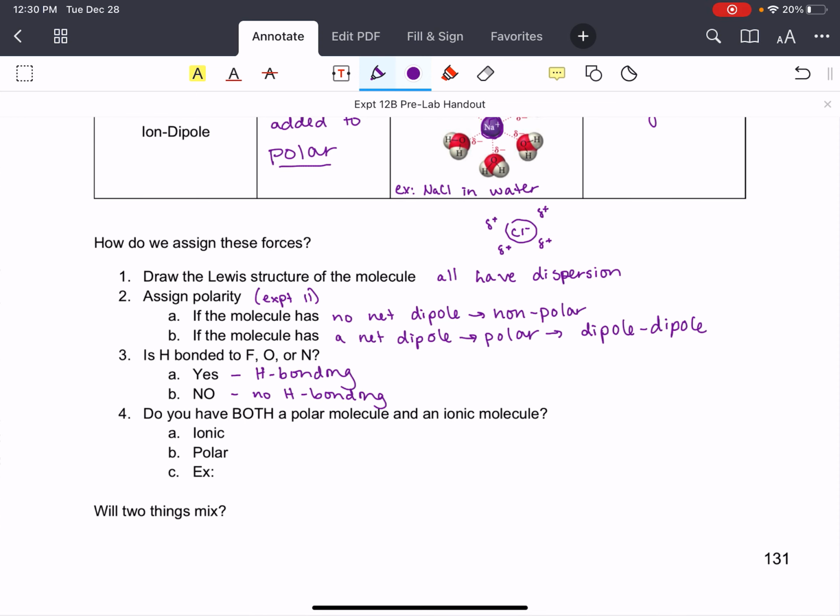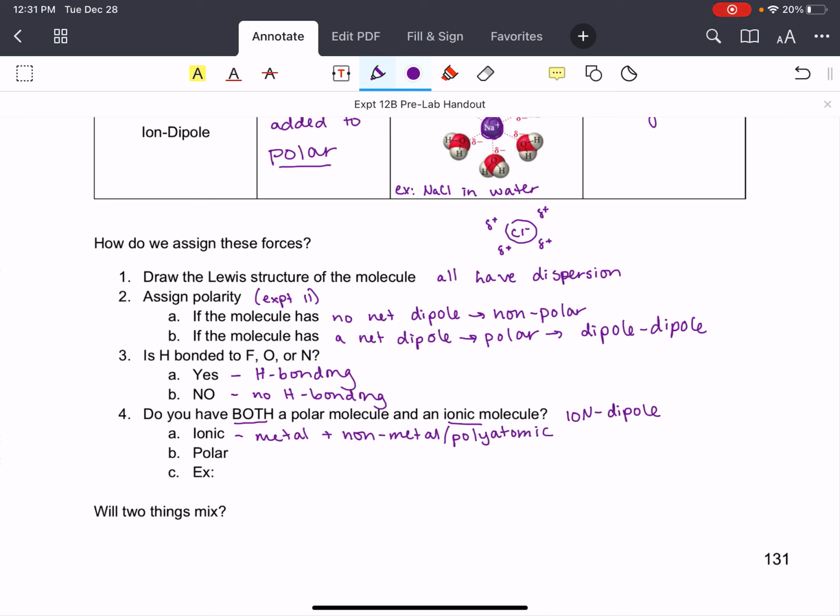Then, if we have both a polar substance and an ionic substance, we will see ion-dipole forces. For something to be ionic means it has a metal plus a nonmetal, or it can be a polyatomic ion.